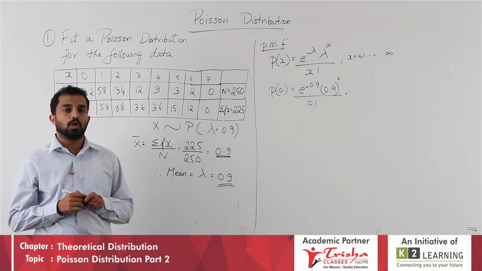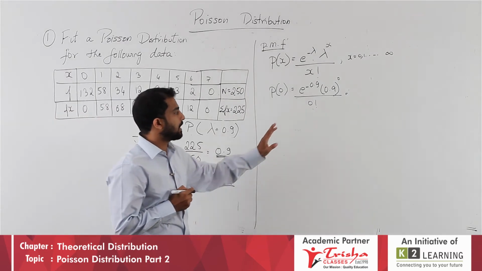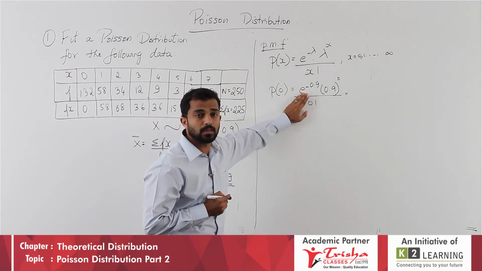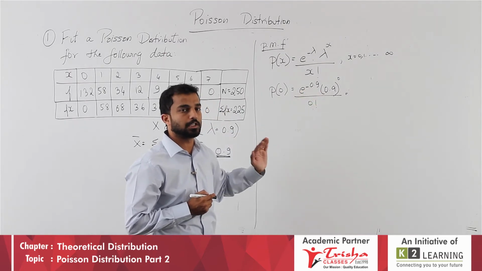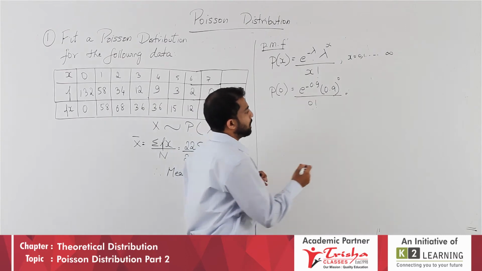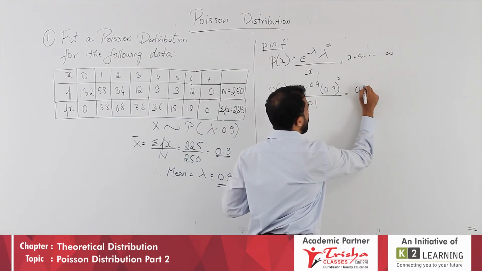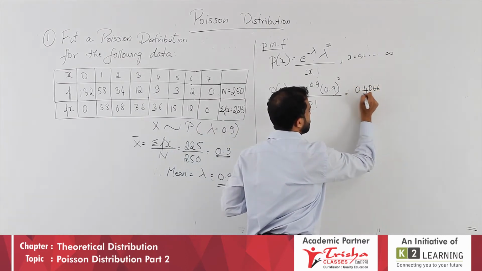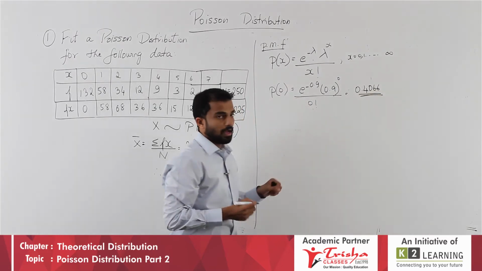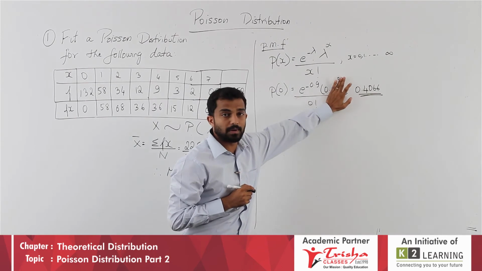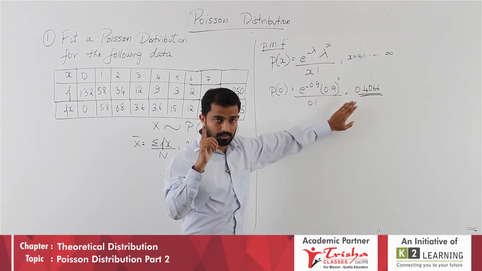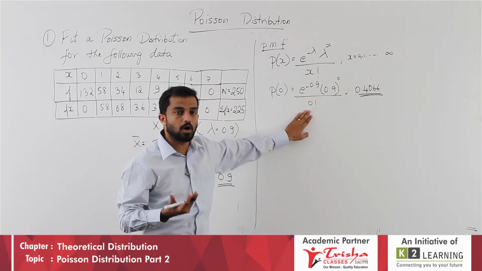Look into your Poisson distribution tables and look into the value of e to the power minus 0.9. In your statistical Poisson distribution tables, the value should be given to you as 0.4066. I will not write anything else. The reason is 0.9 to the power 0, any number to the power 0 is 1. 0 factorial is also 1.